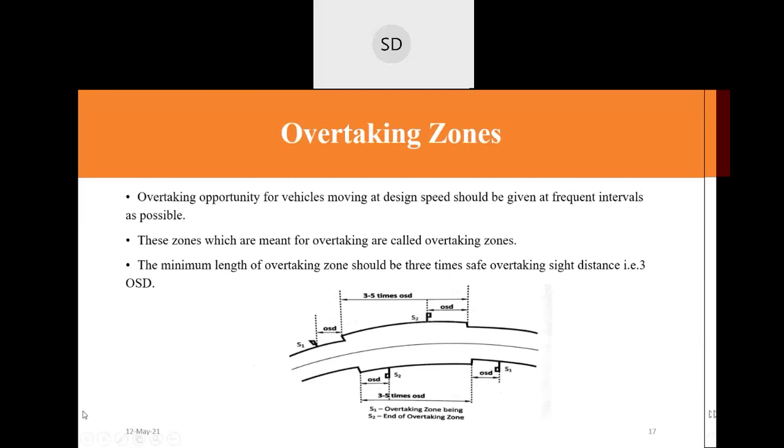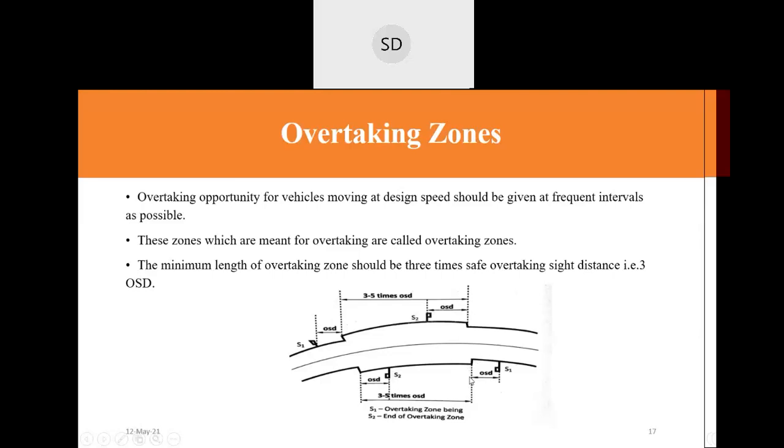So from this picture, these are the portions where the overtaking zone is denoted. In this portion, as the width of the road is higher, you can overtake any other vehicle. Now there are some minimum and desirable length criteria for the overtaking zone.